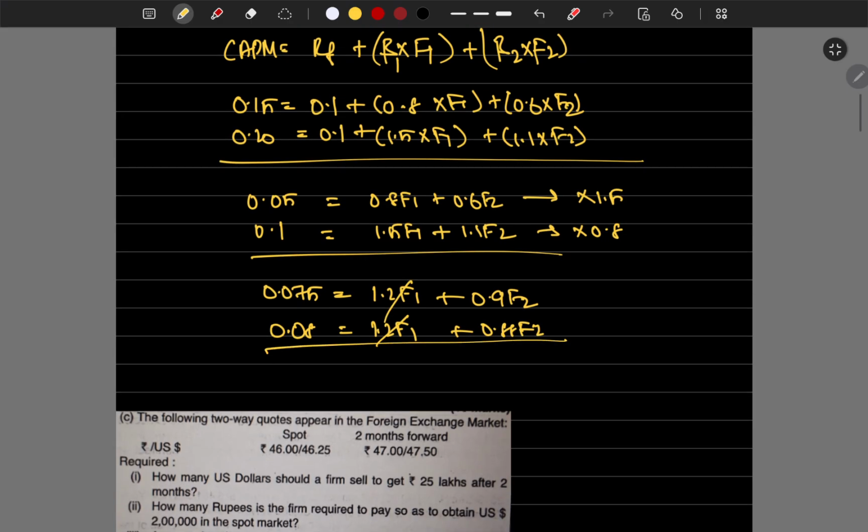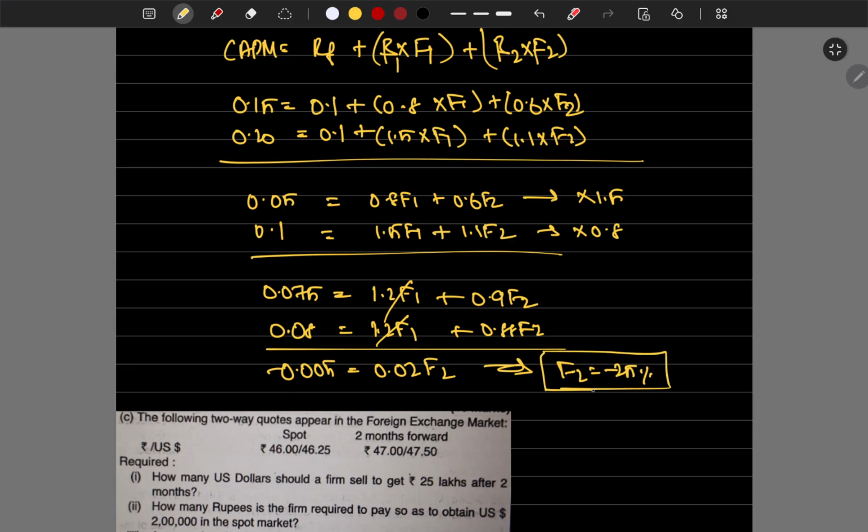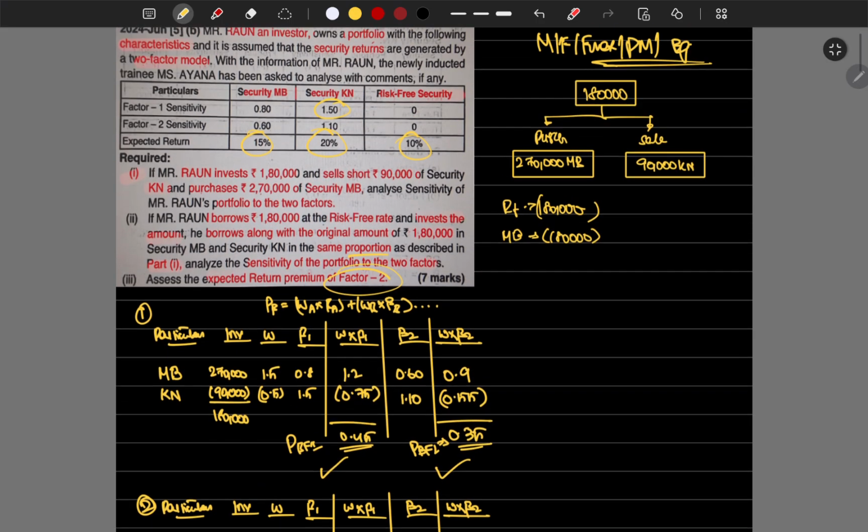Strike out both the things. 0.075 minus 0.08, which is minus 0.005, is equal to 0.9 minus 0.88, which is 0.02 F2. F2 value is minus 25%. So we have done with this problem.